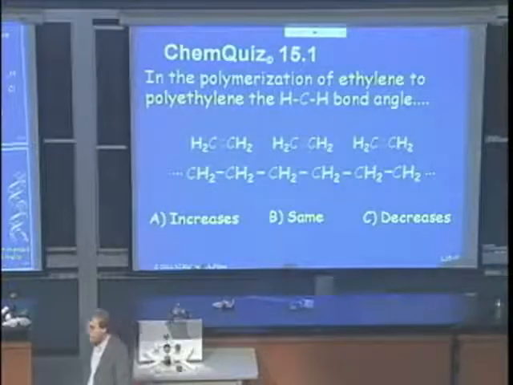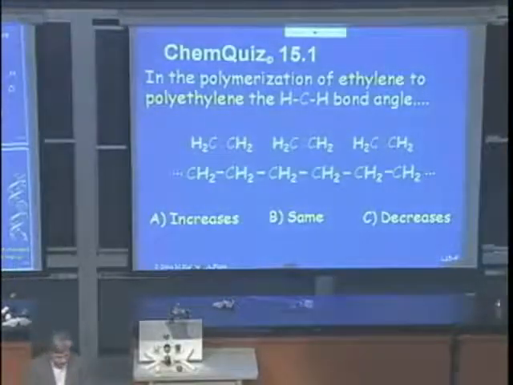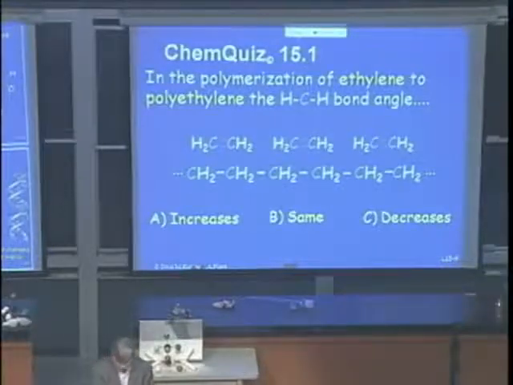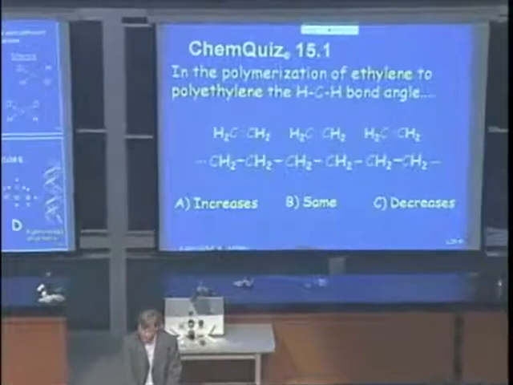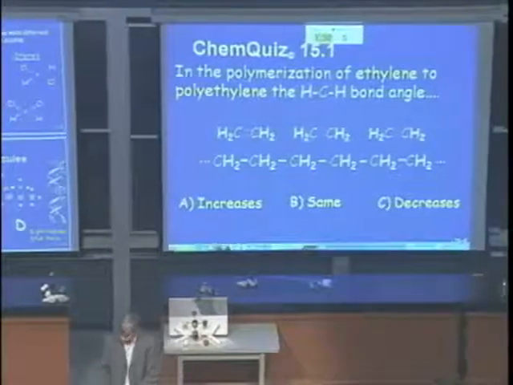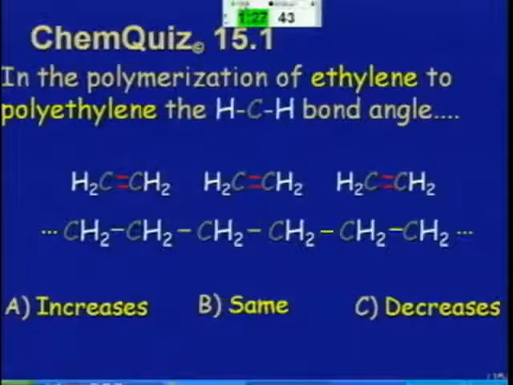So now you have to count your electrons. You have to come up with your Lewis-Dot structure, and you have to look at the carbon steric number, and then you compare the two steric numbers.